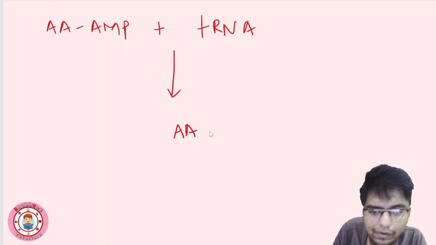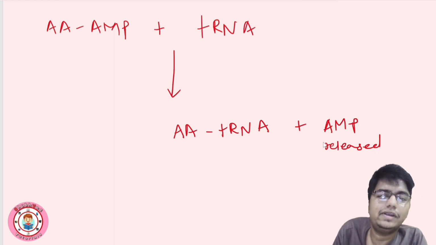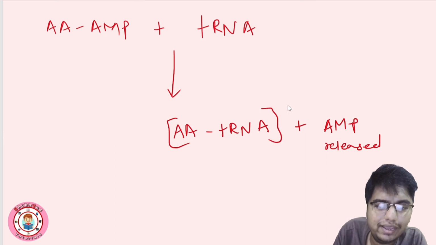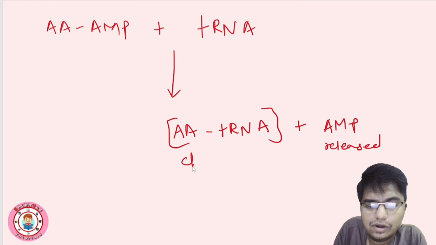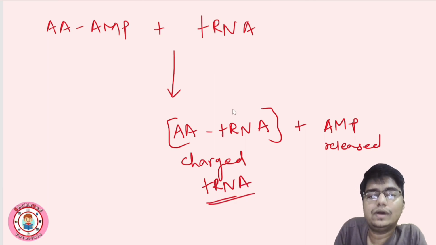Amino acid will combine with tRNA and AMP is released. Got it? Now the amino acid has joined the tRNA and AMP will be released out. So this is called charged tRNA now. Charged tRNA means the amino acid is now attached here, right?